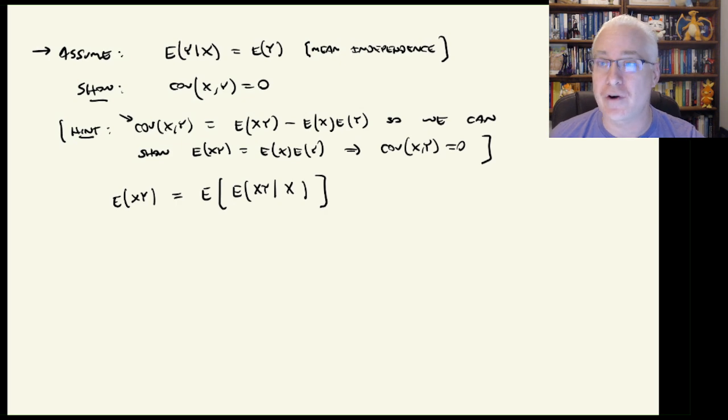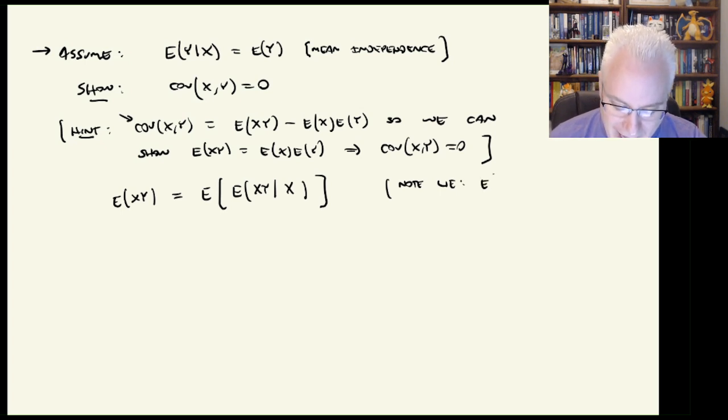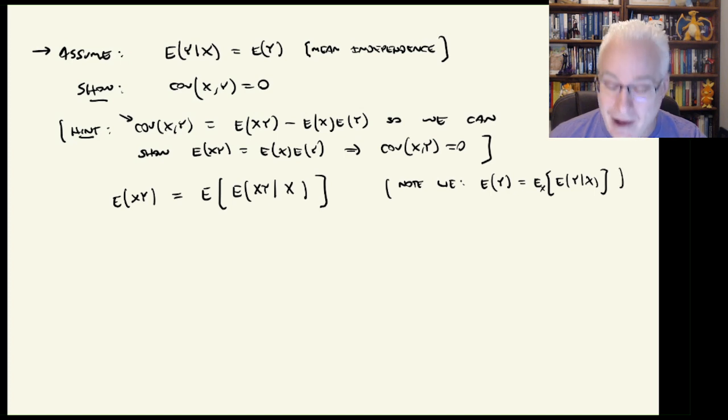This is the first important lesson that we learn in doing this problem. The standard law of iterated expectations, as we stated it in class, states that the unconditional mean of any random variable Y can always be written as the expected value of the conditional mean, where sometimes for clarity we put a subscript X on that outer E to emphasize that the outer expectation is being taken with respect to the distribution of X. So the first important thing that we learn in this problem is that you can apply the law of iterated expectations to anything.